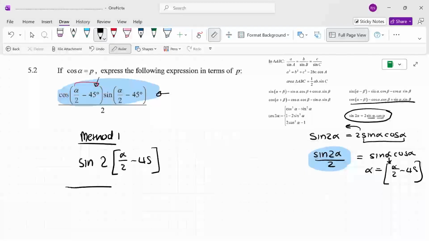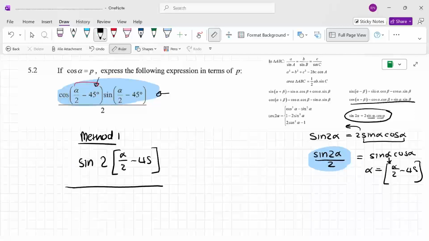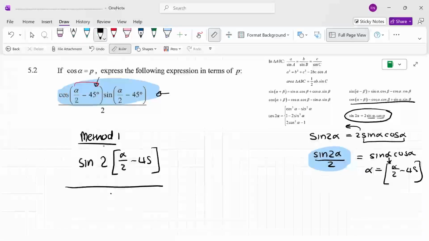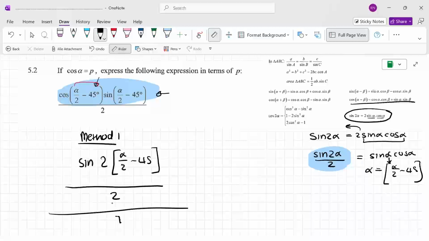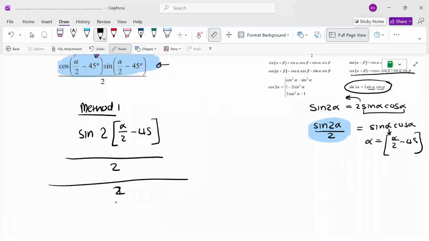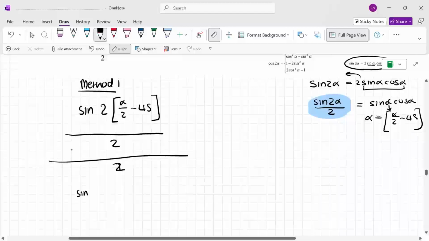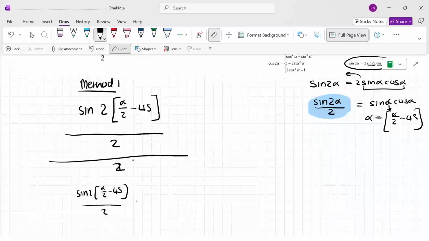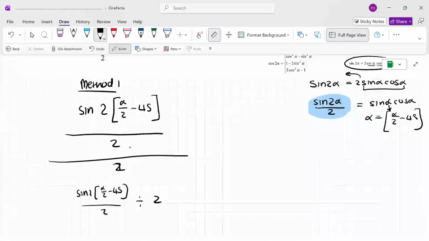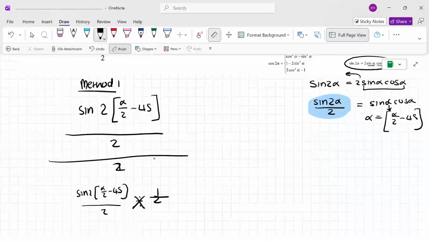And that's going to be over, oh, this is all over 2, divided by 2. So this sine of 2 times alpha over 2 minus 45, over 2, divided by 2, is the same as times by 1 over 2, because tip and times is the same as times by 1 over 2.